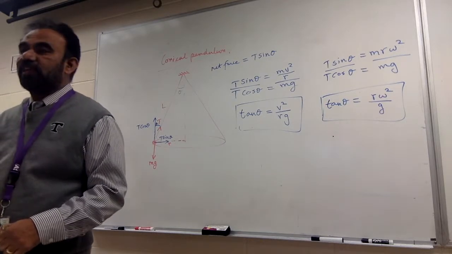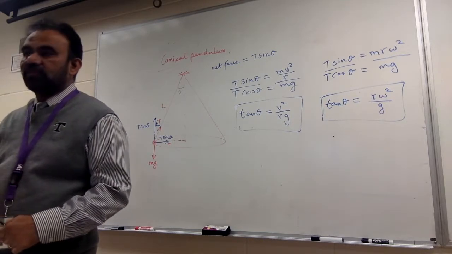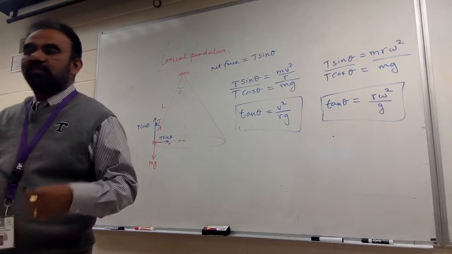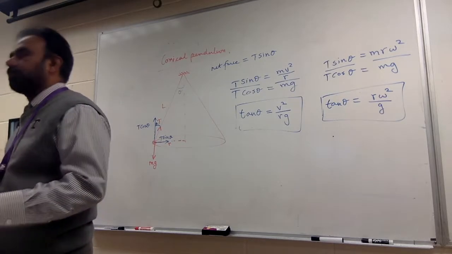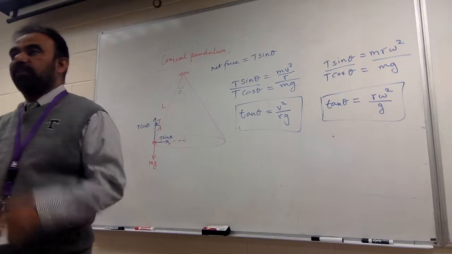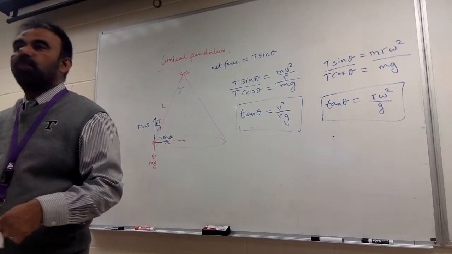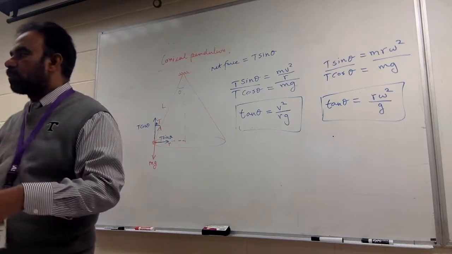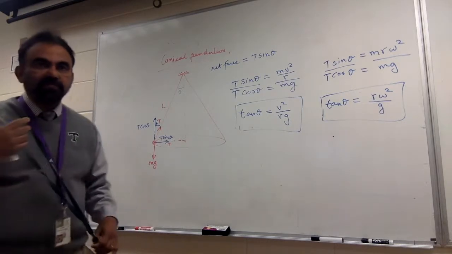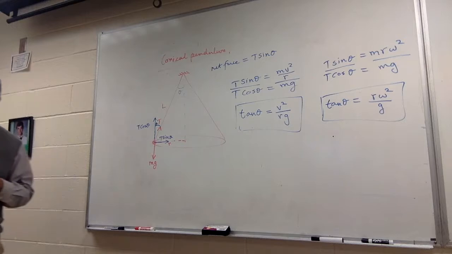What angle gives you tan of that? 45. Tan 45 is 1. Because when you have 45 degrees, the opposite and the adjacent sides are equal to each other. So slope is 1. Rise over run is 1. Rise and run will be the same thing.